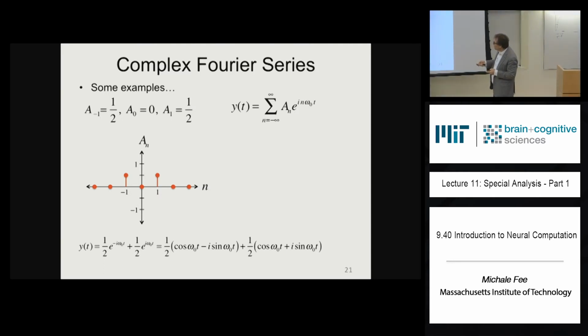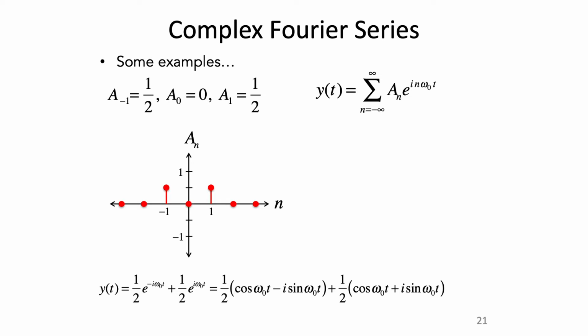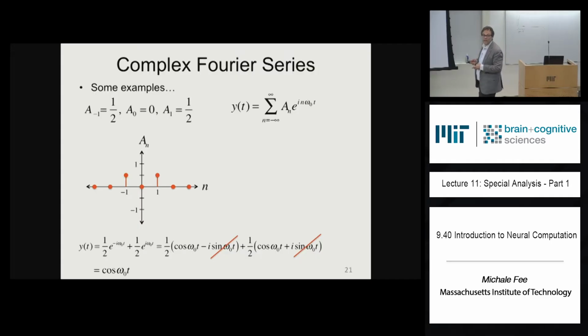And that is just, sorry, I didn't tell you what that equation was. That's Euler's equation, right? That's just cosine minus I sine omega t. That is just cosine plus I sine omega t. The signs cancel, and you're left with cosine omega naught t.